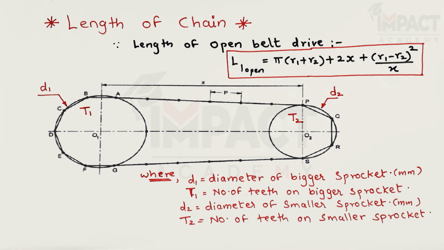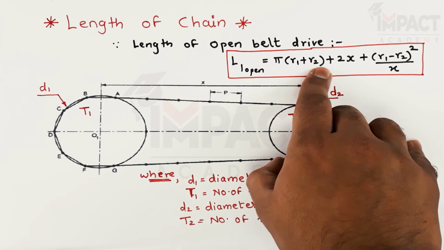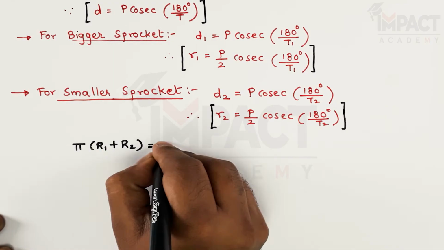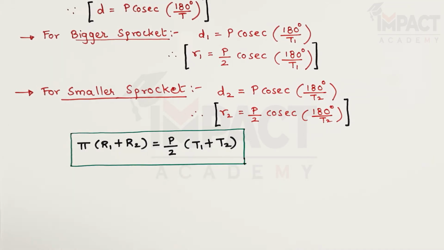But here in this case, since it is a sprocket, I would be replacing the term pi (R1 + R2) with the number of teeth on the sprocket, and it can be written as follows.